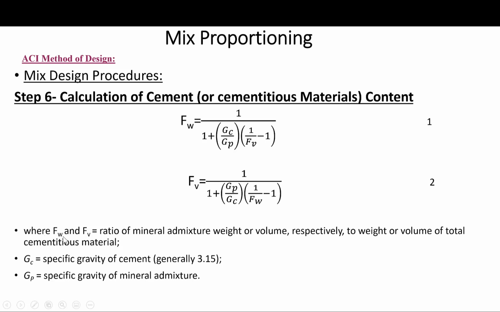F_W and F_V are the ratios of the mineral admixture weight and volume, respectively, to the weight and volume of total cementitious material. G sub C is the specific gravity of cement, which is generally 3.15. G sub P is the specific gravity of mineral admixtures. In the example, we will show this, and it will be more clear.